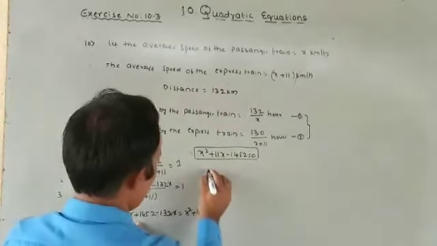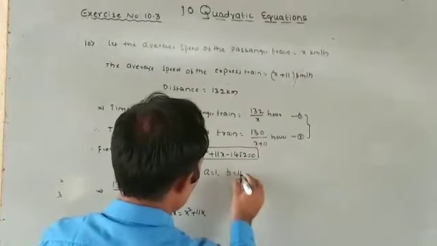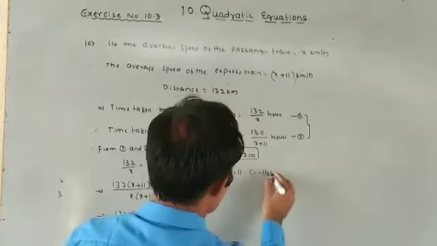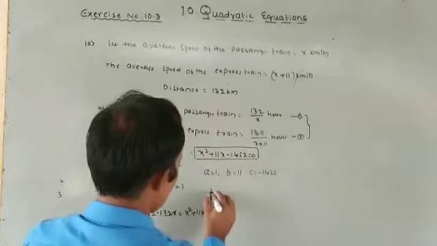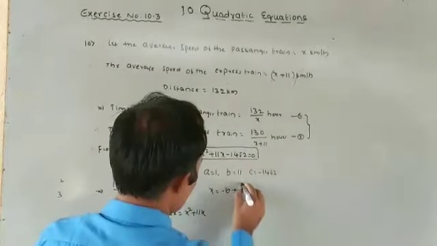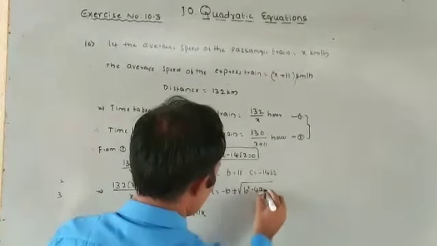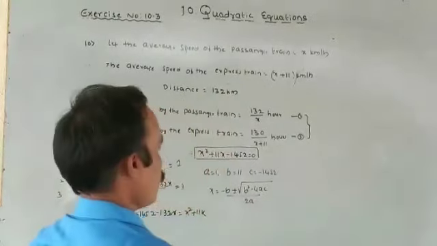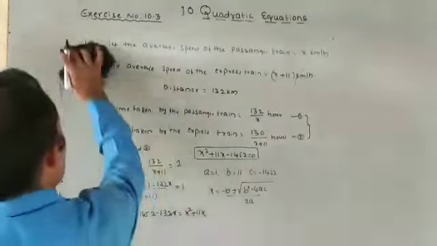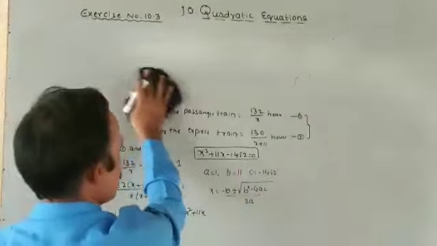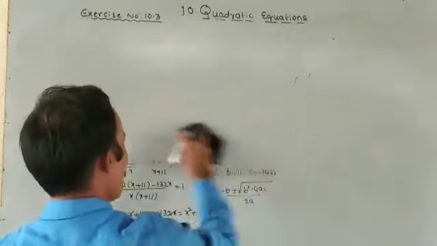So therefore 8x square plus 80x minus 150x minus 750 is equal to 0. Therefore 8x square minus 70x minus 750 is equal to 0.